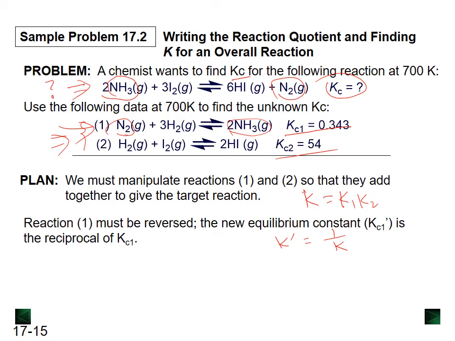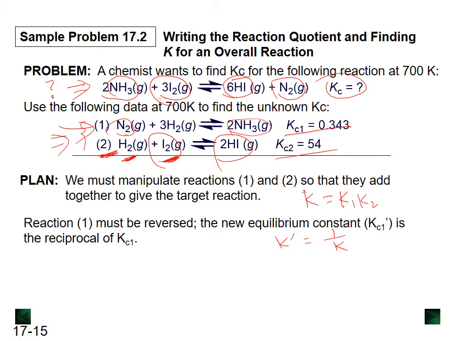Now, if we look at the second reaction, hydrogen gas, iodine here, in the unknown reaction you have 3 iodine. Here you only have 1. Similarly, you have 2 hydrogen iodide, but in the unknown reaction you have 6.